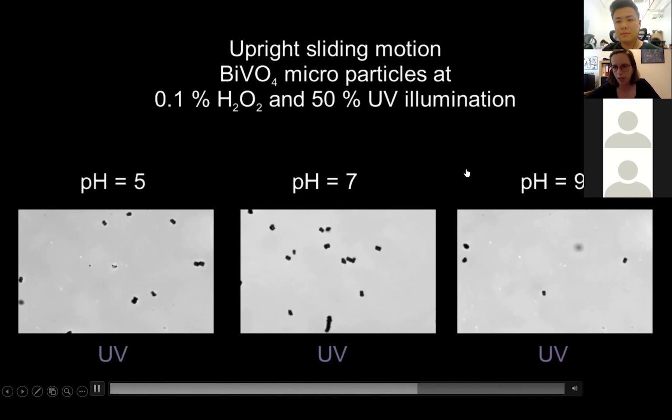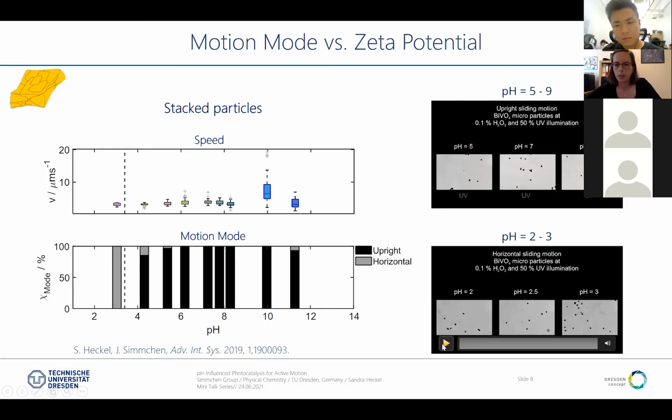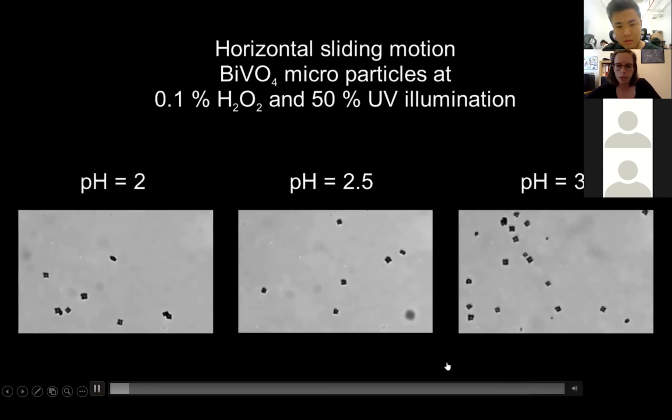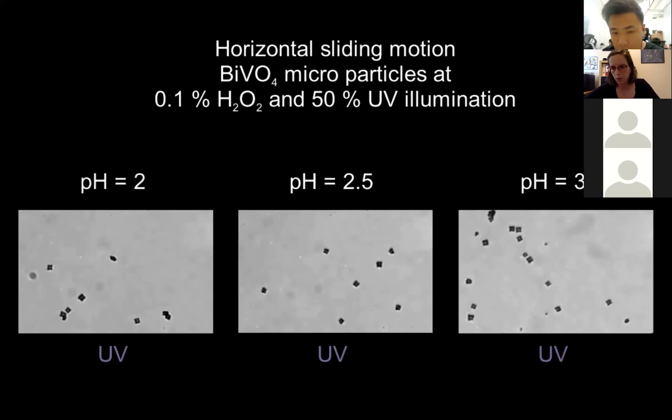So this is upright motion. But now, if we go to solutions between pH 2 and 3, there the particles are positively charged. And there you can see that when the light is shining, they move actively, but they don't stand up anymore, which is what we call horizontal motion.